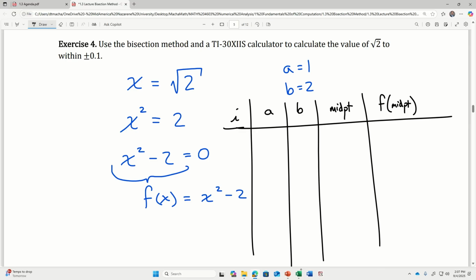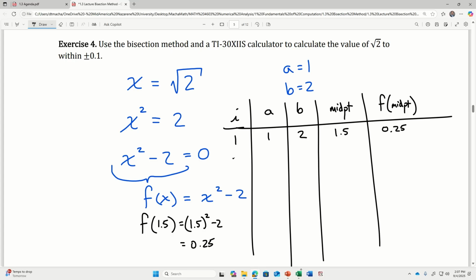So on my first iteration, A is 1, B is 2, my midpoint would be 1.5. What is the value of this function evaluated at 1.5? In other words, what is 1.5 squared minus 2? 0.25. Yeah, 0.25.